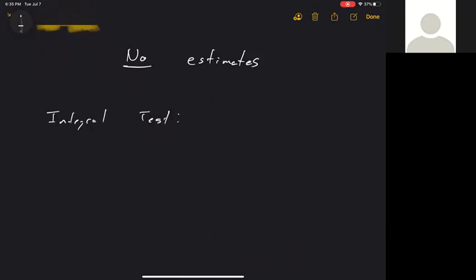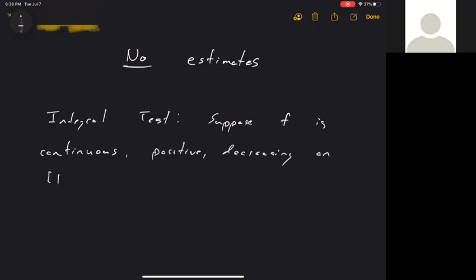Okay, so it says, suppose f is continuous, positive, and decreasing on the interval 1 to infinity, and a_n equals f of n.